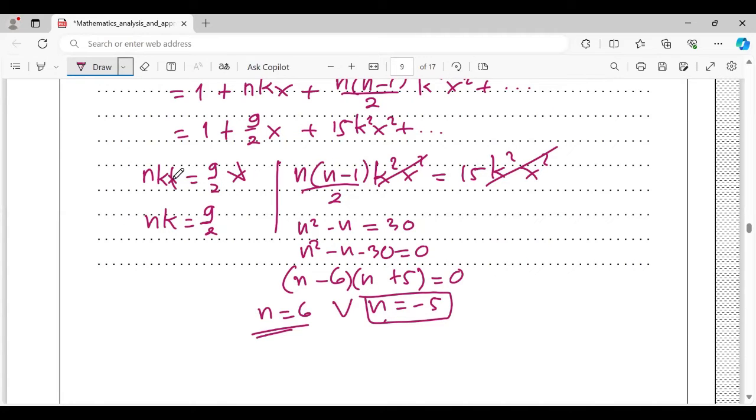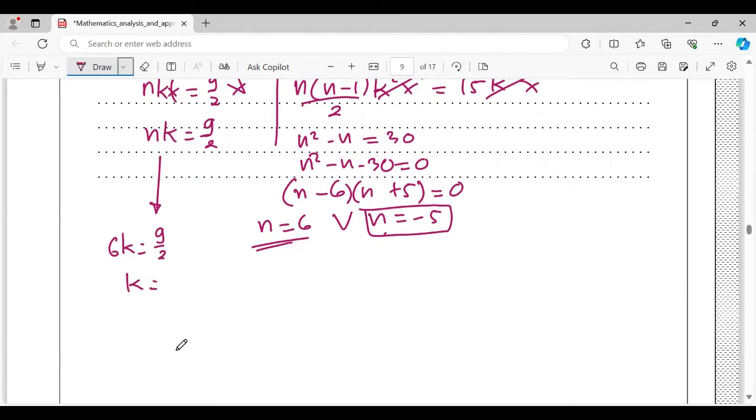Now, if n equals 6, it means the implication for this one. So 6k equals 9 over 2. So k equals 9 over 2 times 1 over 6.